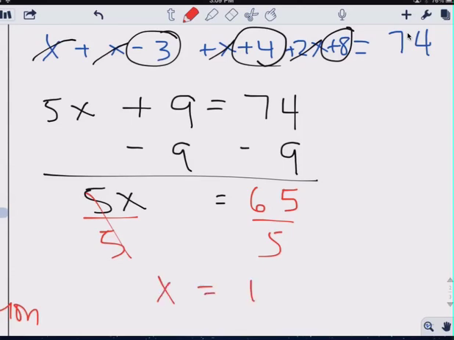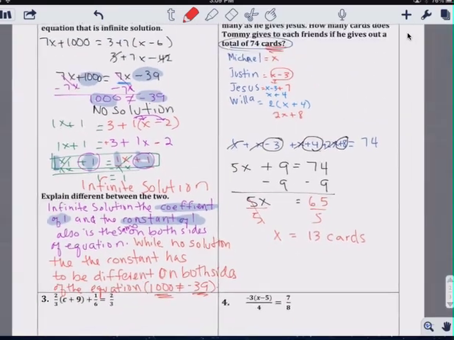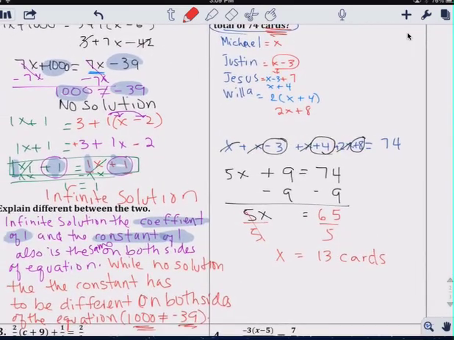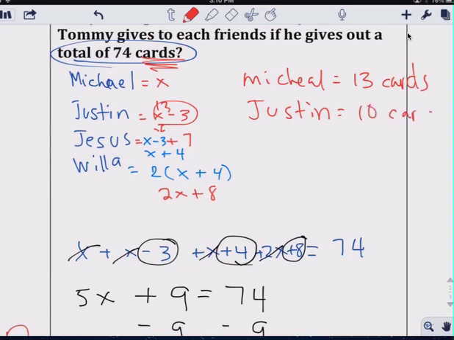13 what? 13 cards. And the 13 cards belong to Michael, right? So Michael will get 13 cards. Justin is 13 minus 3, which is 10 cards.